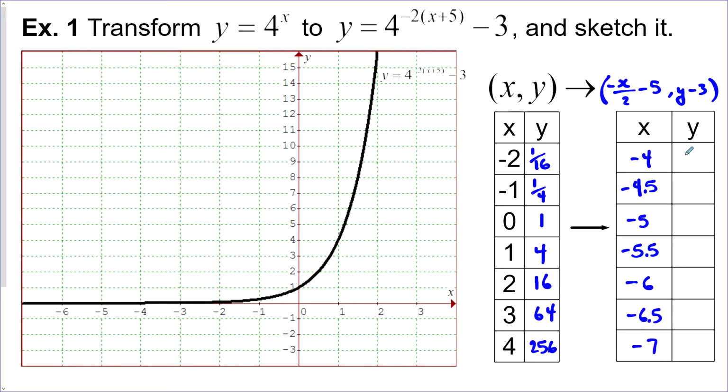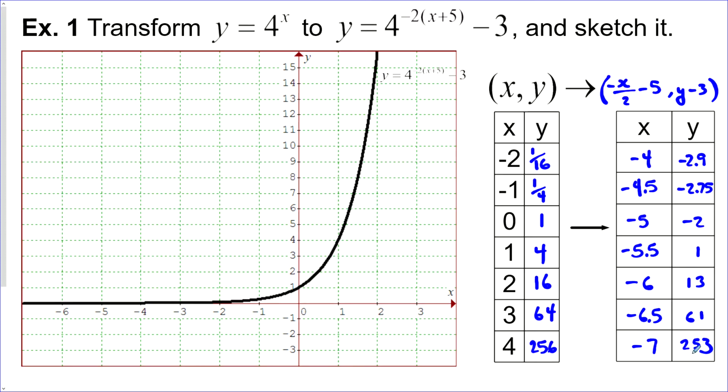And the y's become approximately negative 2.9, negative 2.75, negative 2, 1, 13, 61, and 253. I'm just going to graph it here, so that's about as accurate as I can be.